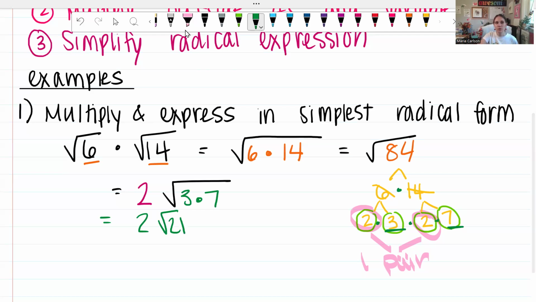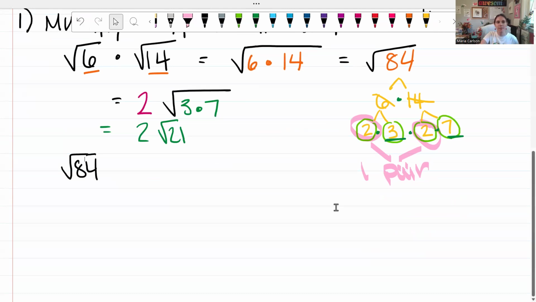Another way you could do this problem, if you are trying to simplify the square root of 84, I might recognize some of the factors of 84. 84 ends with a 4, so maybe I'll try dividing 84 by 4 in my calculator, and I get 21.